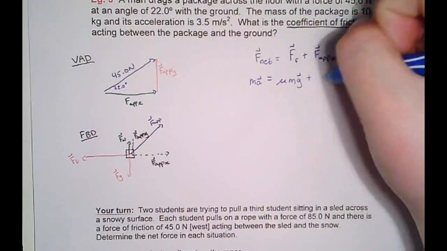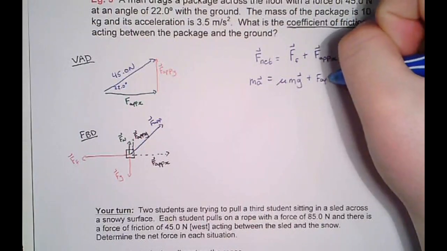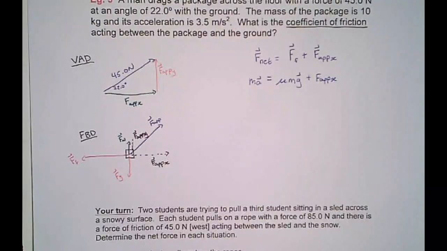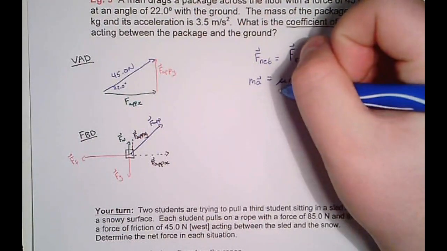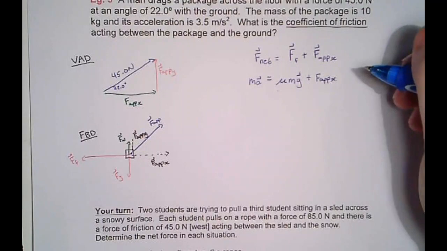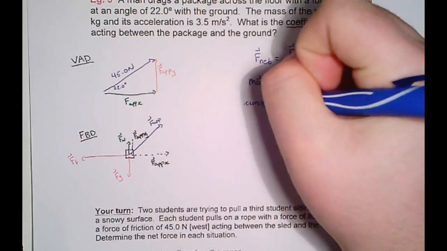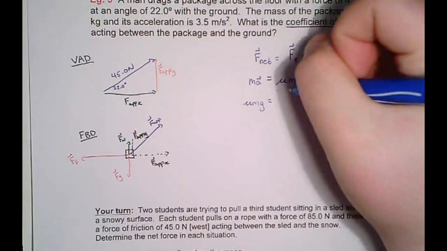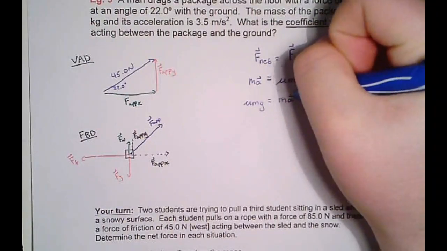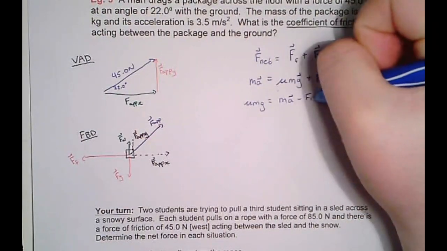That's review, plus the applied force on x. So if I'm going to rearrange this now, I'm going to rearrange mu mg is equal to ma minus the applied force.